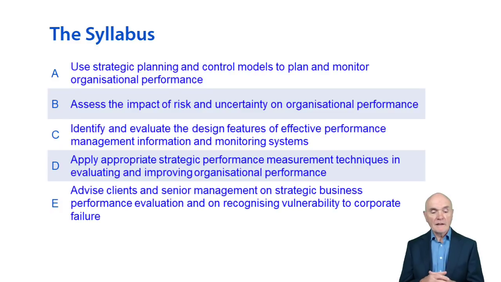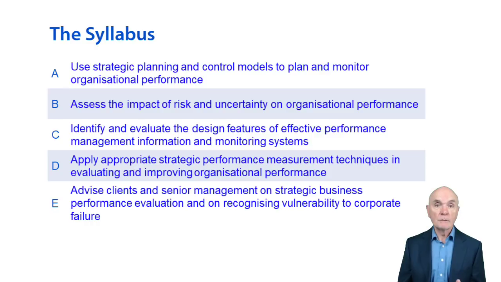So let's look at the main categories of the syllabus here. Use strategic planning and control models to plan and monitor organizational performance. So you can be talking about, for example, what a mission is, and in a way you can't actually measure performance until you have an idea what the organization's mission is, its purpose is, because essentially that defines what is meant by good performance.